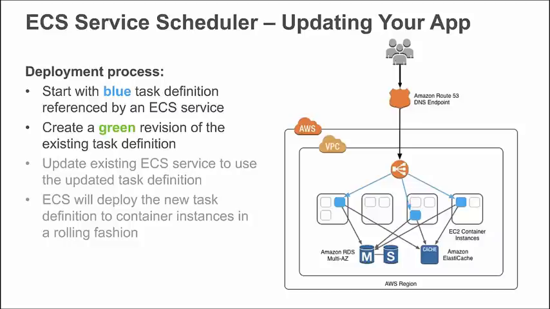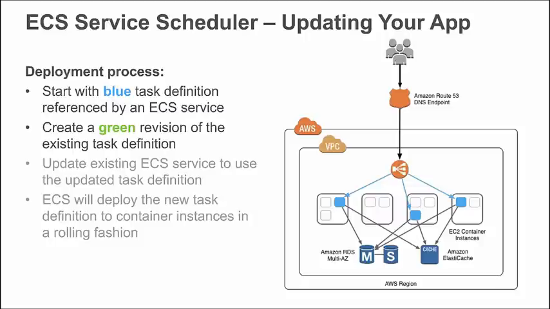Let's walk through this process of updating your service to support a new version of your application. You start with the blue task definition that's currently running on your ECS cluster. We see here we have 3 tasks running based off of the blue task definition.